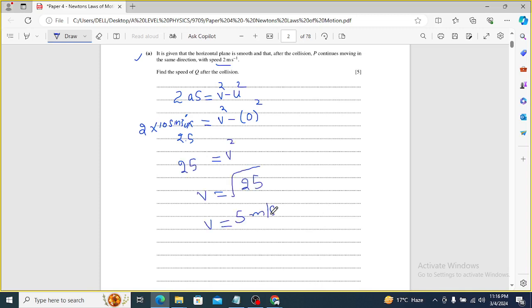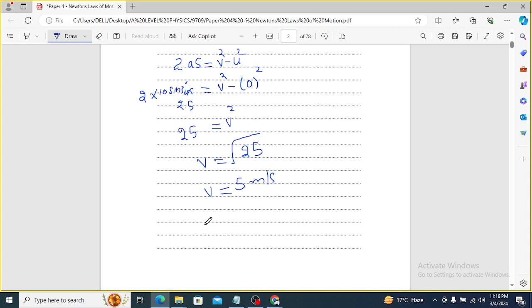Now there is a collision, so we use conservation of momentum. Total momentum before collision is equal to total momentum after collision.